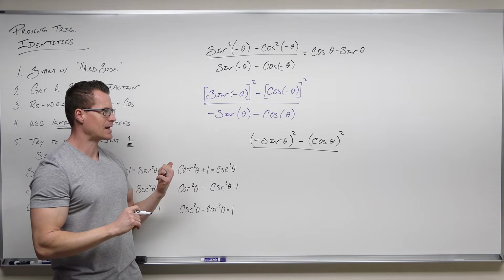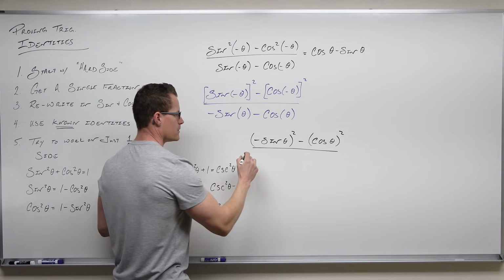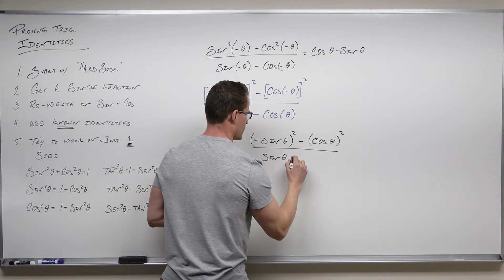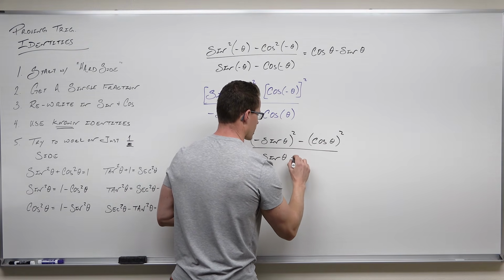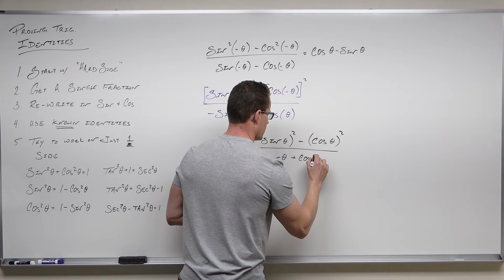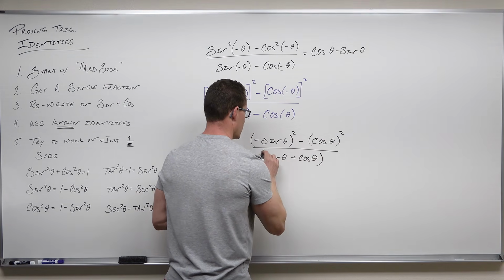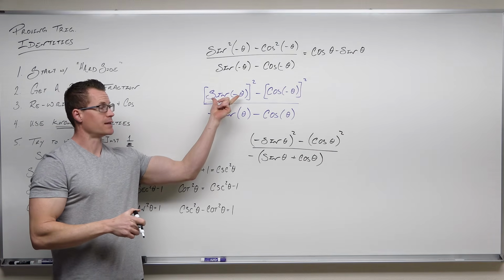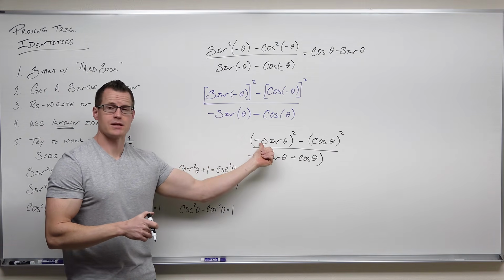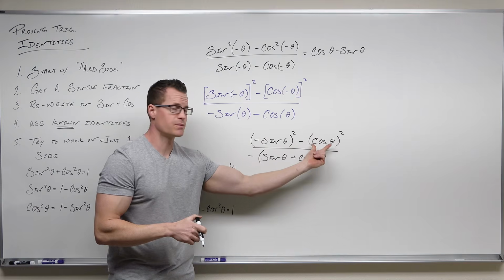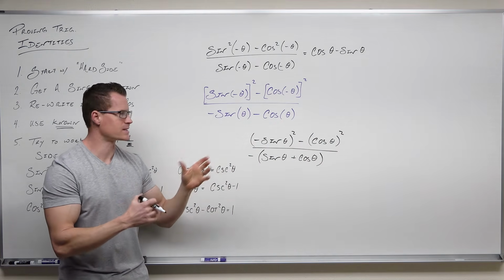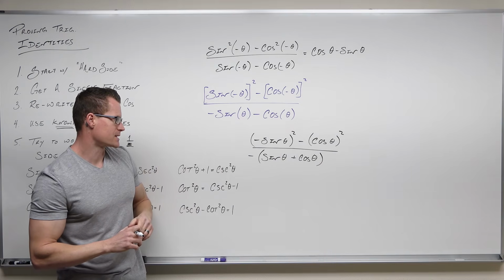I don't like that negative there, so let's do that. So I've said, that's an odd function. Okay, that's going to be a negative. That's an even function. It's going to be a positive. I have the power twos. I have the minus. I factor this out because we really don't like seeing both those minuses down there.